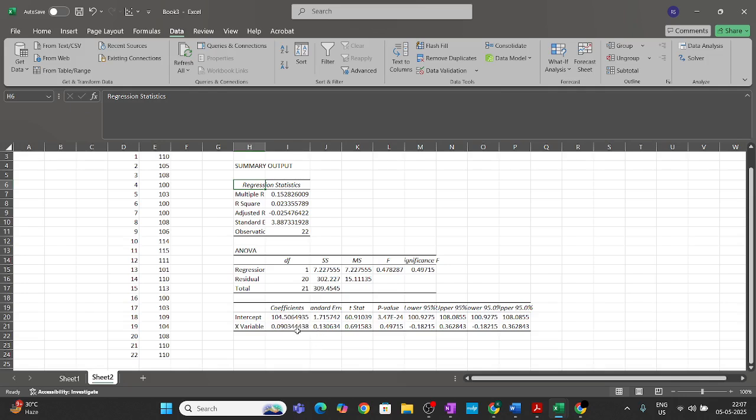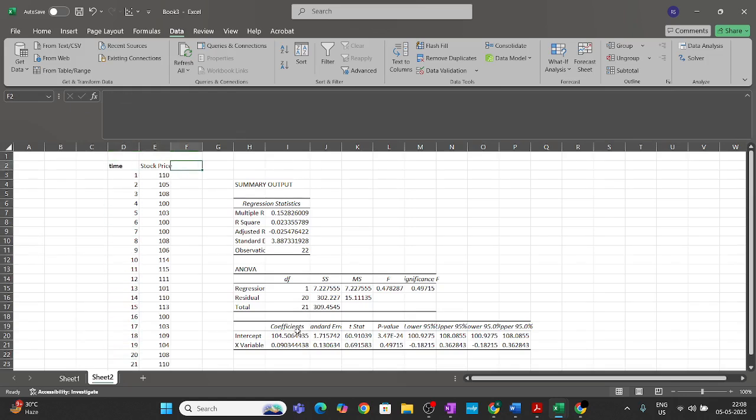So the equation is something like this: 104.50 plus 0.09 into x, right? So my forecasted stock prices is, okay. So see, since I modeled it using random numbers, right? That is going to be a problem.